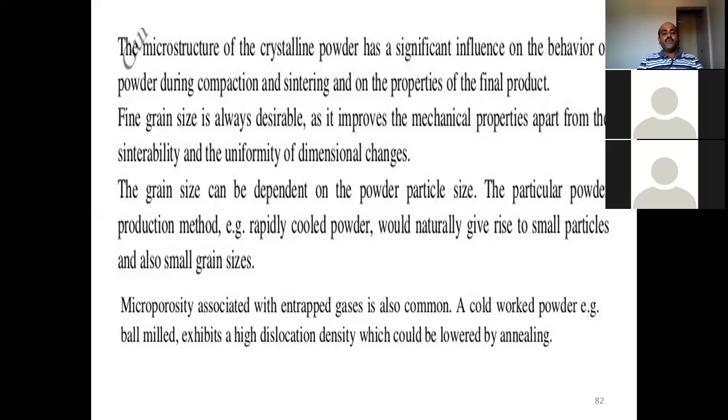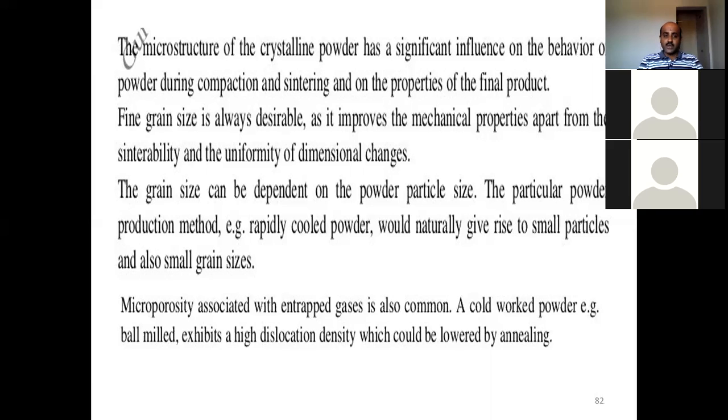Fine grain size is always desirable as it improves the mechanical properties, apart from the sinterability and uniformity of dimensional change. In the sense, the most preferred size of the powder is a fine grain size.